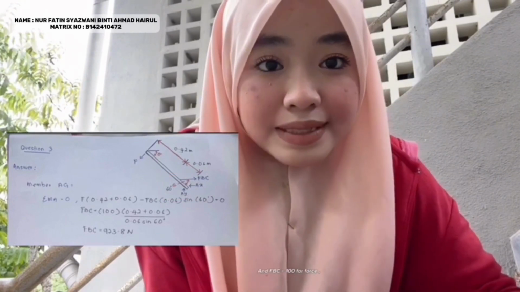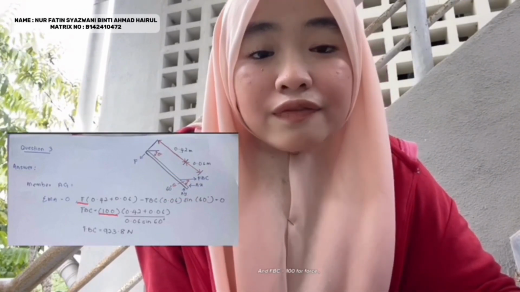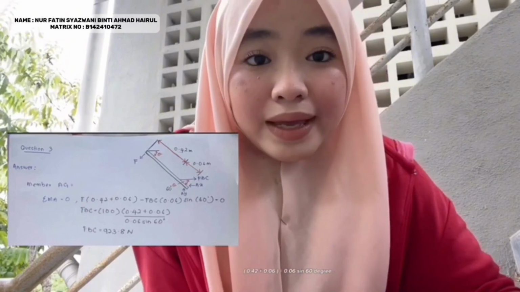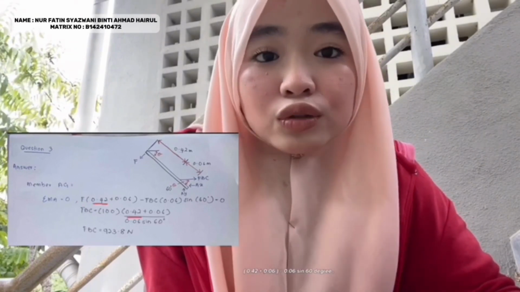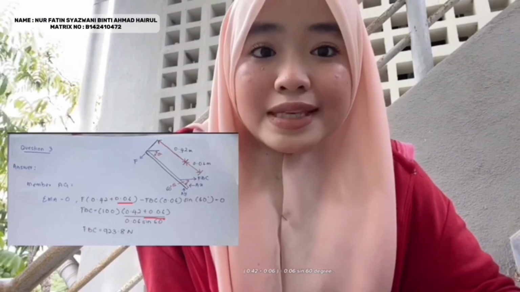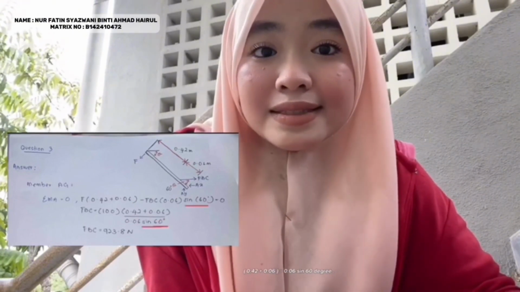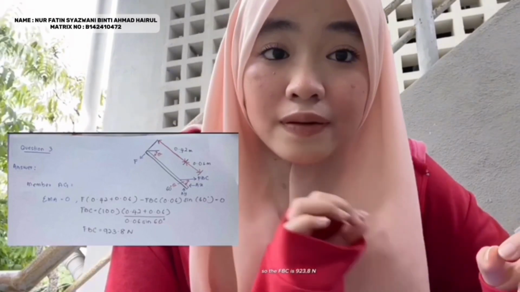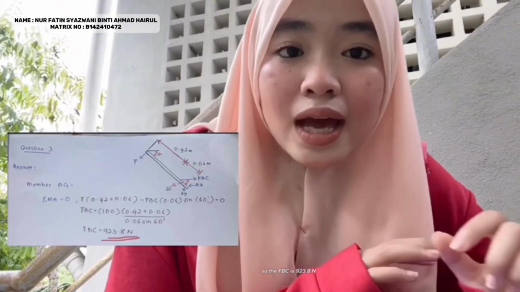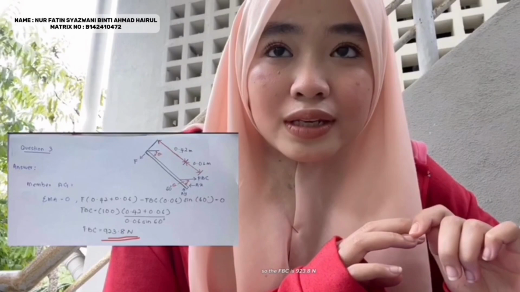FBC equals 100 for the force multiplied by 0.42 plus 0.06, divided by 0.06 sine 16 degrees. So FBC is 923.8 Newton.